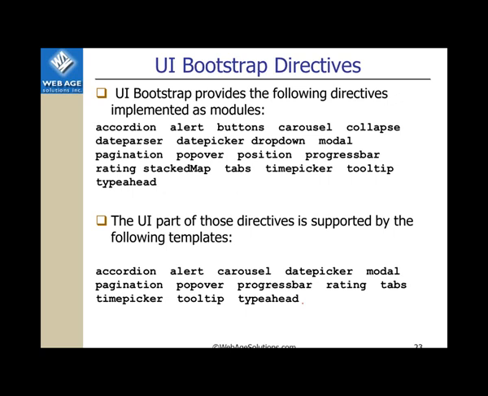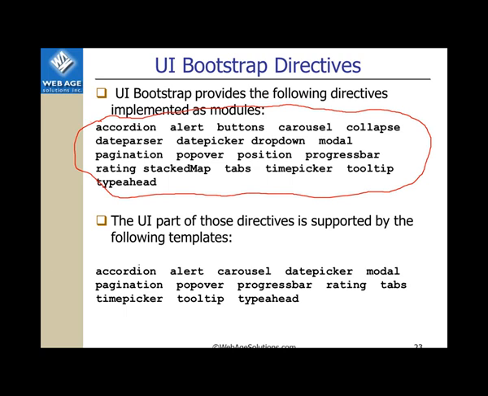So here's a list of the directives implemented in AngularJS. Those directives have the names borrowed from Bootstrap. Not all of them, I'm talking about this list, the first bullet. Not all of them have the UI portion. Some of them are just utility, plumbing type of directives which support some of the UI functionality.